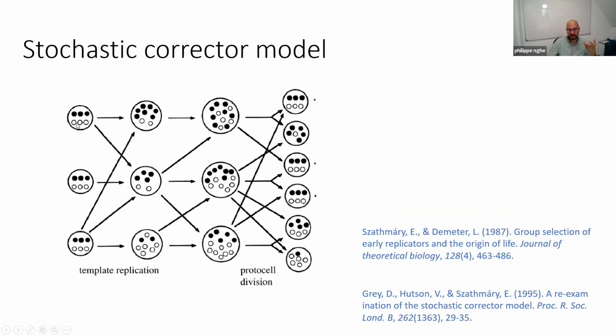We have RNA replicators, and if the correct copies, which are the black ones here, are in sufficient number, the compartment will survive. For some reason, that needs to be made explicit, but the model says the compartment survives. And if there are too many erroneous copies, like in white, then the compartment dies. If you have this second level of selection, you can improve this bound I showed before.